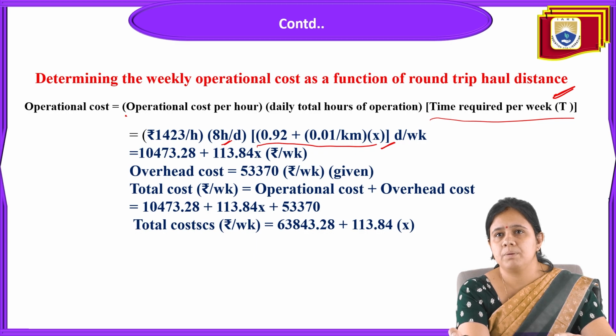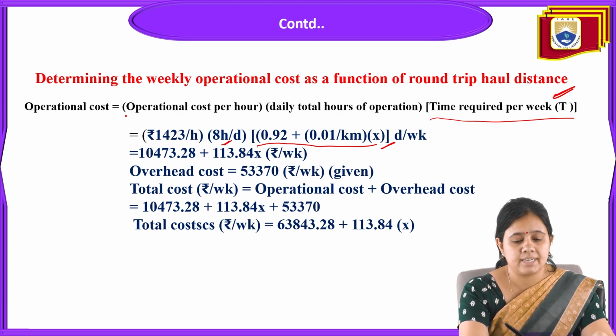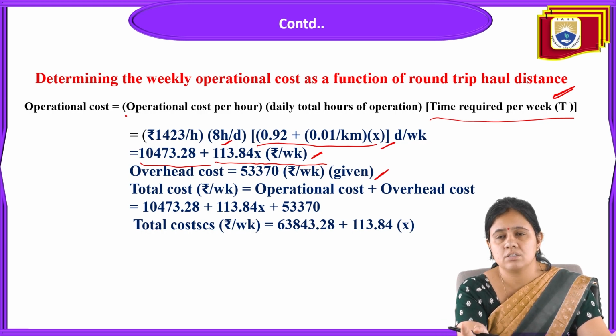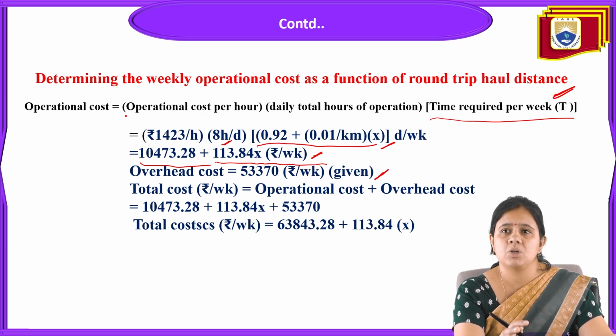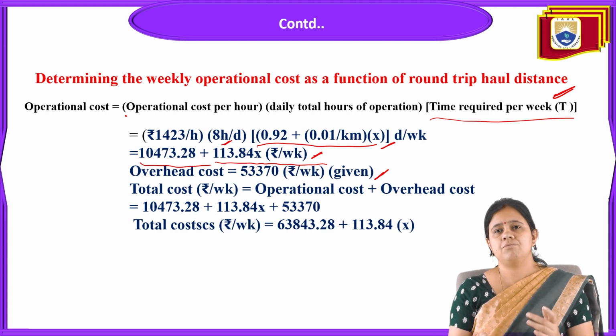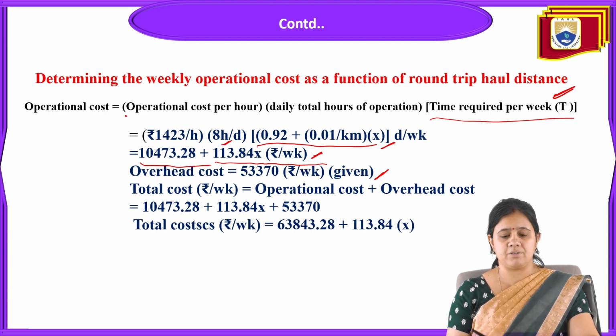And this is a function of the time required per week, 0.92 plus 0.1 kilometer per x. The total amount required in a week is 10,473 plus 1100 rupees per week, and the total overhead cost is 53,000 in a week, which has already been given. So total cost is operational cost plus overhead cost, meaning the cost involved for the whole operation and the overhead cost per week.